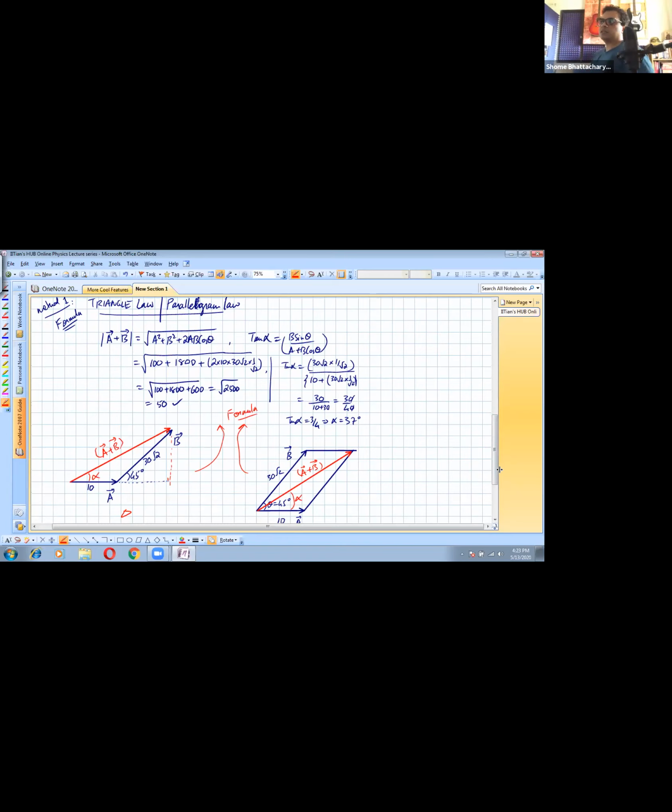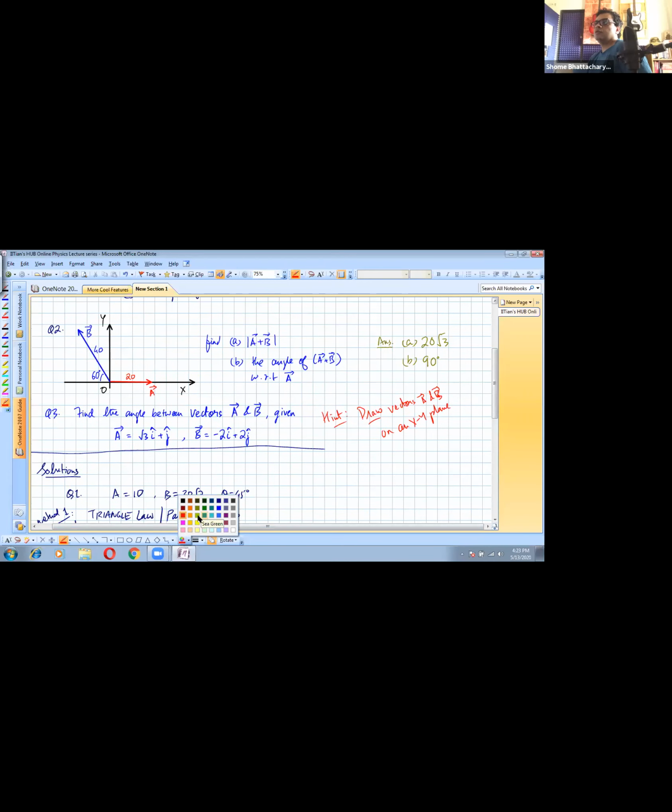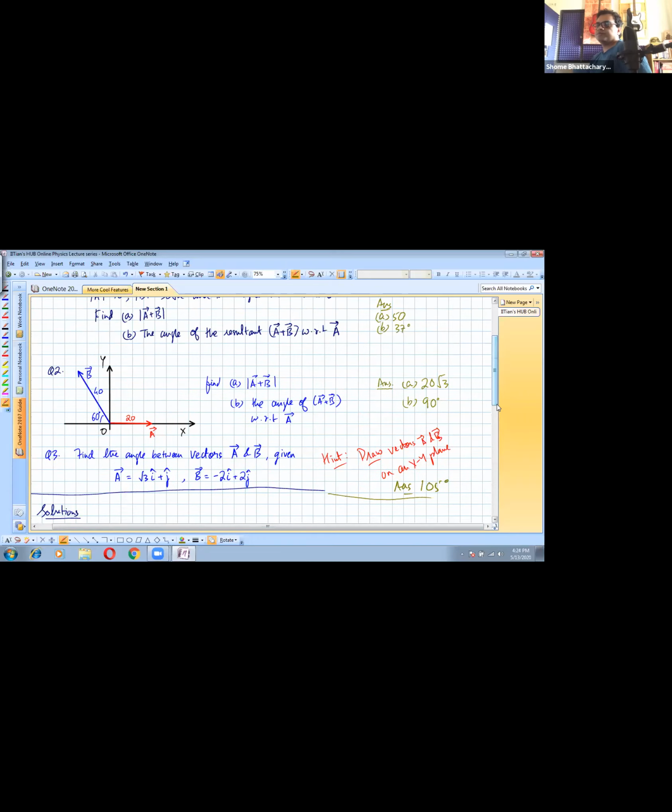Yes, Naman, your answer is correct. Good for the third question. So I'm putting up the answer for the third question now, since most of you have already got it. So you should be getting the answer of this as 105 degrees. For this one. So if you finish the first and second question, just go through the third question, try it out. If you're still on the first and second question, just pay attention and work out the solutions.